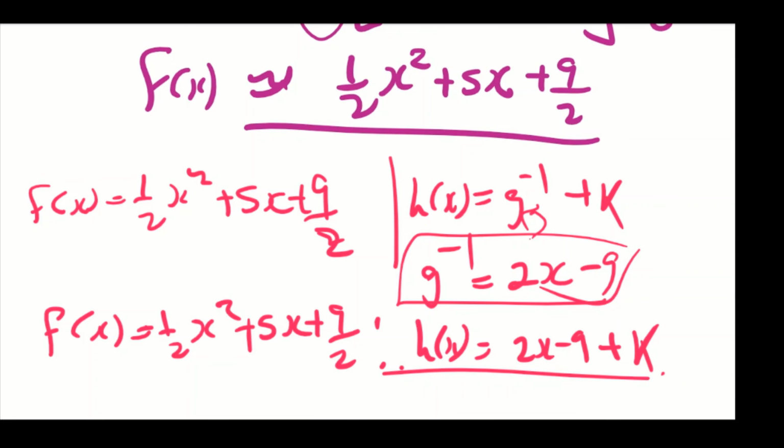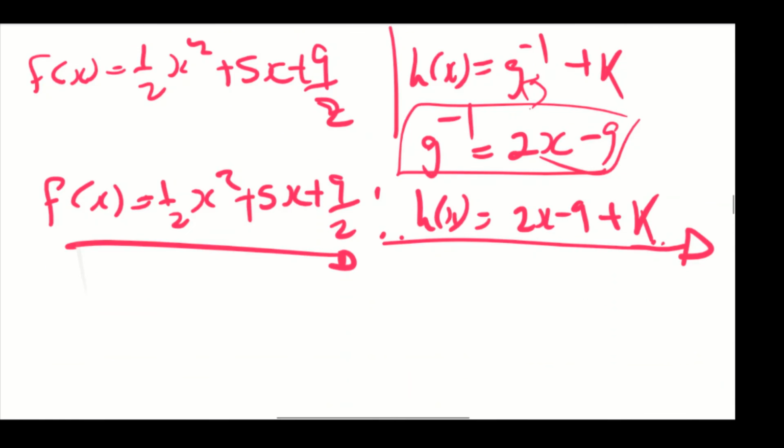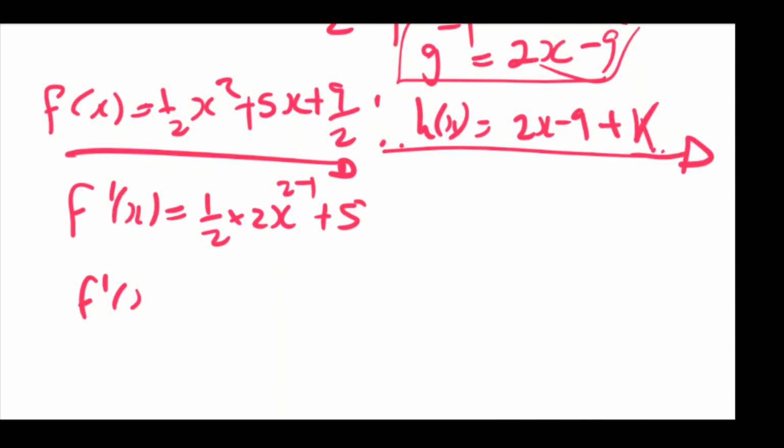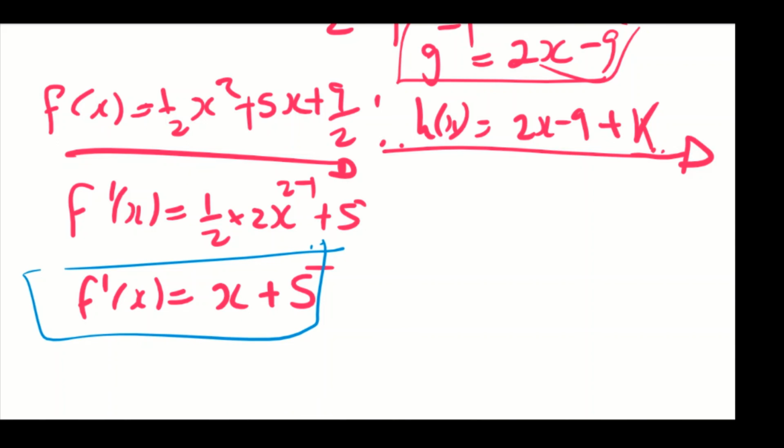So this is what we have here, f of x and h of x. For us to find the point where these two meet, we need to differentiate. So we can differentiate f of x and we'll have f prime of x equal to 1 over 2 times 2x to the power of 2 minus 1, plus 5. So f prime of x is equal to x plus 5, right? So this is the derivative of f.